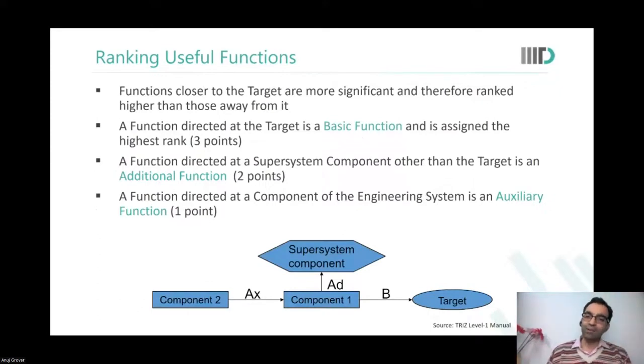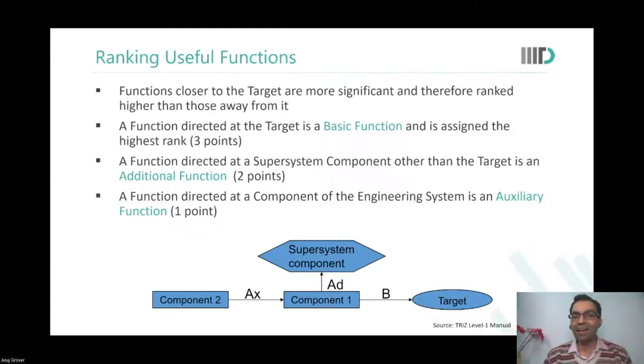Once you have labeled functions as excessive or normal or insufficient, a ranking of the functions is also desired. A function which is directed on the target is a basic function, and it is assigned the highest rank, 3. Let us say 3 points.